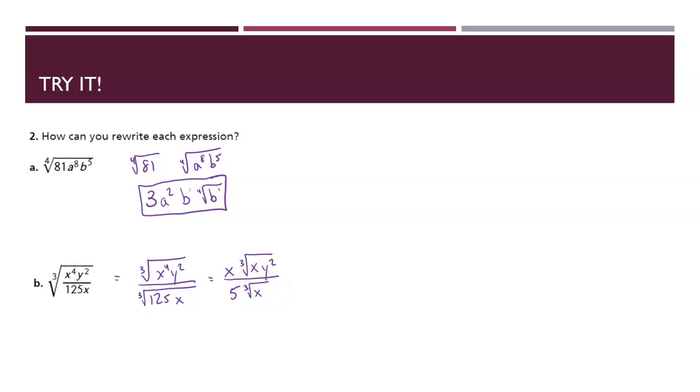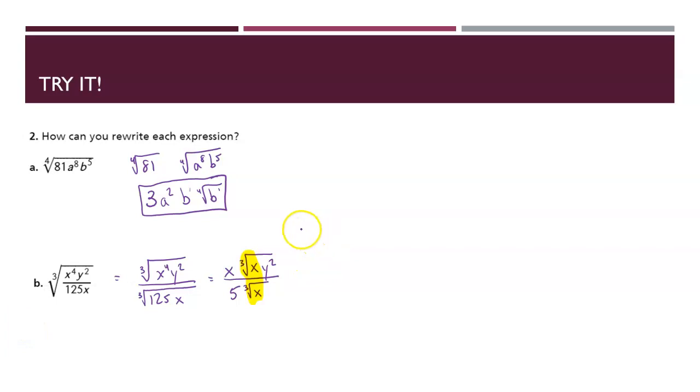Now you might think that we're done simplifying these. What I notice though is, let me grab my highlighter, we have the cube root of x on top and the cube root of x on the bottom. So essentially those two x's would cancel each other out.